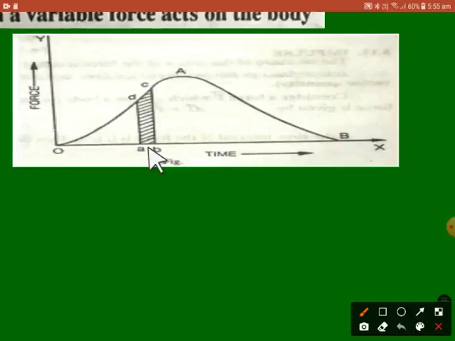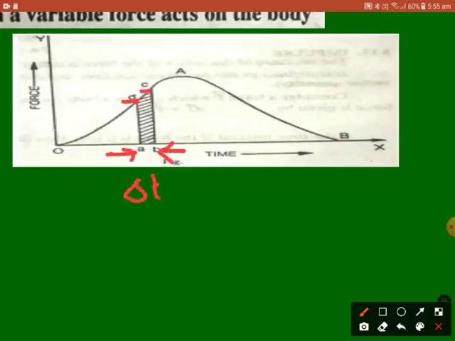If I take this time as delta t, the distance between A and B, and it is very small, then points B and C will also be very close to each other.